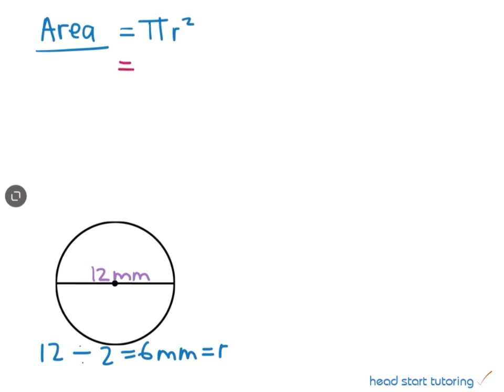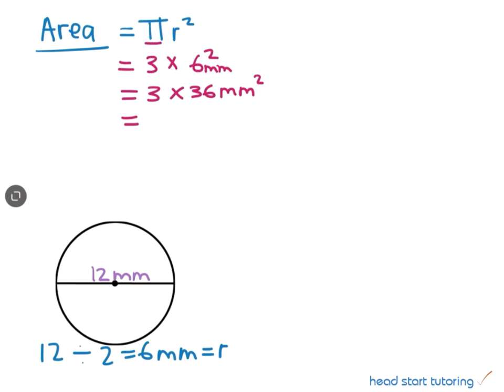So the area of this circle with a diameter of 12 and a radius of 6 millimeters is equal to, firstly, let's use pi as 3 multiplied by our radius squared, which is 6 squared, and that gives us 3 multiplied by 36, and that's 36 millimeters squared, because this is 6 millimeters squared.